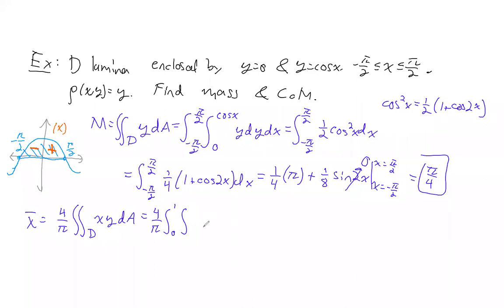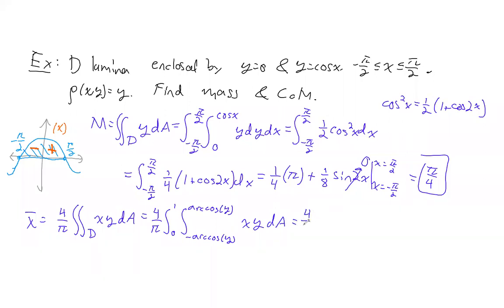In the x direction, this is going from negative arc cosine of y to arc cosine of y of the function xy dA. This is going in the opposite direction.